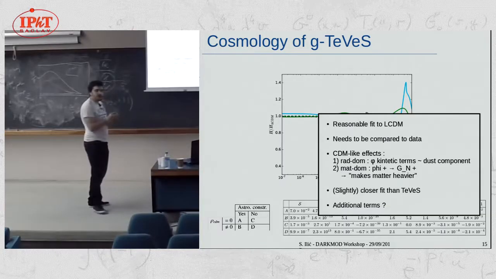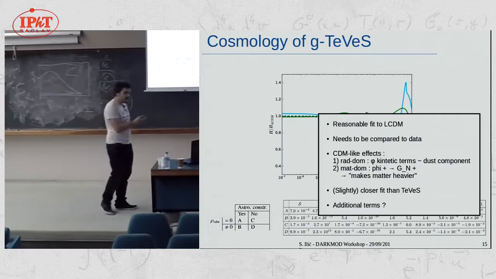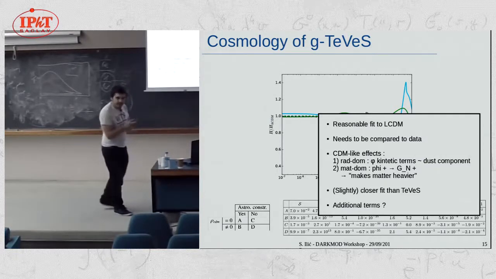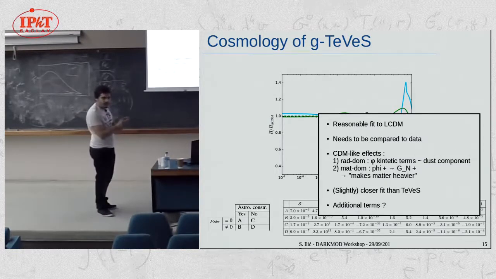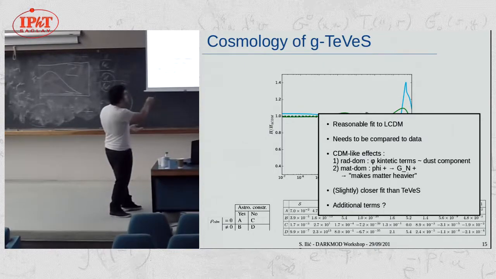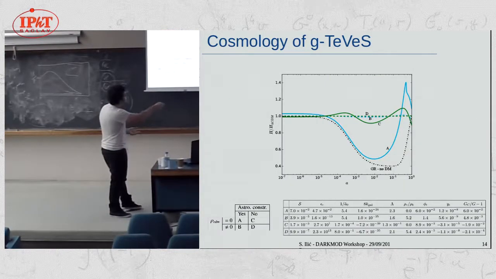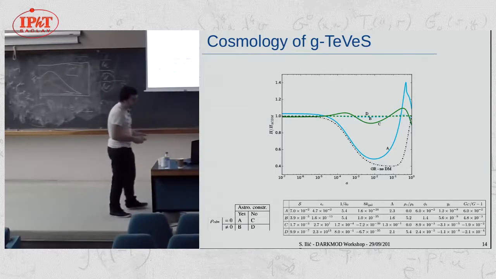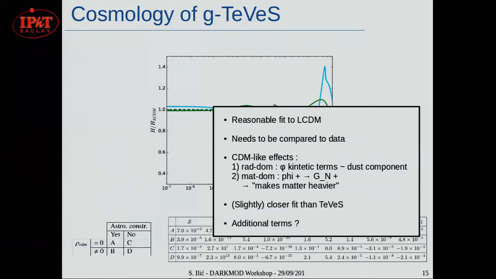This is important because the data that we have on H(z) is not actual measurement of H(z). It's always an integral of H(z). So there might be compensation effects, like for example this bump here might be compensated by this bump here, which might allow for an actual good fit of the data from standard candles.